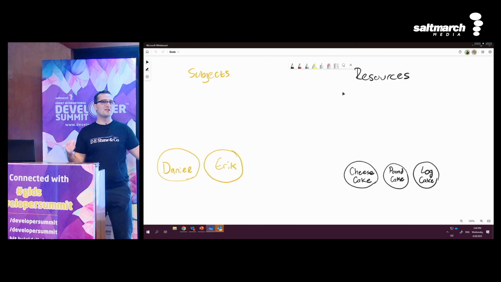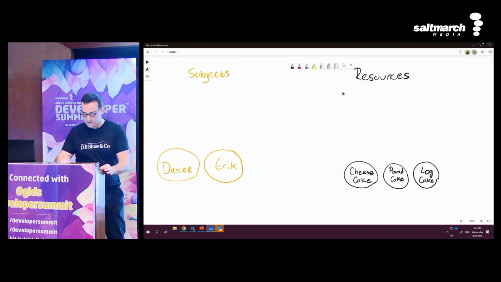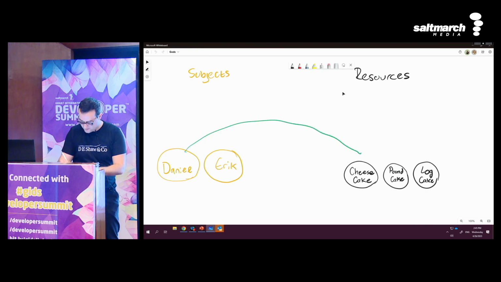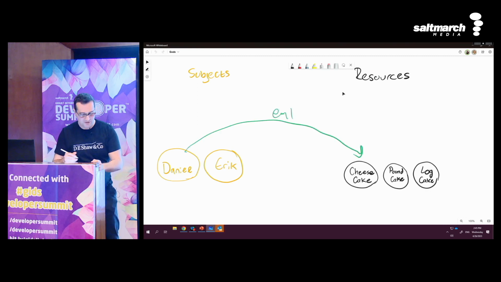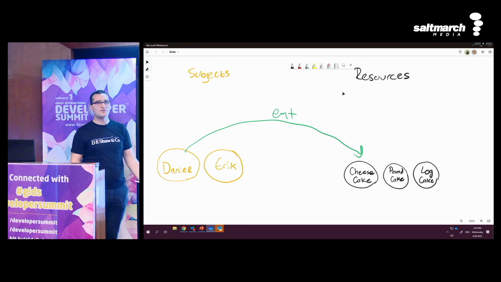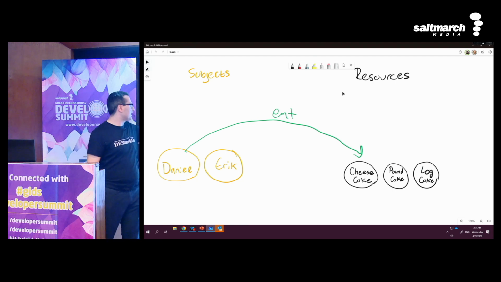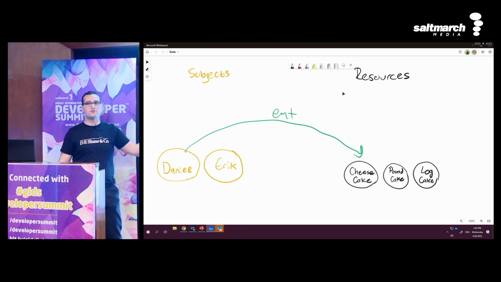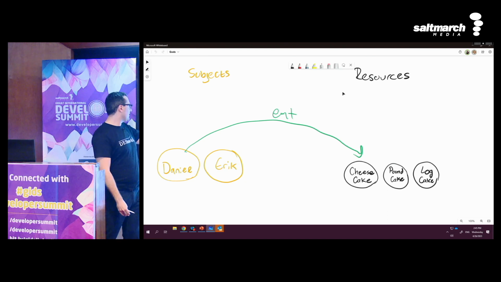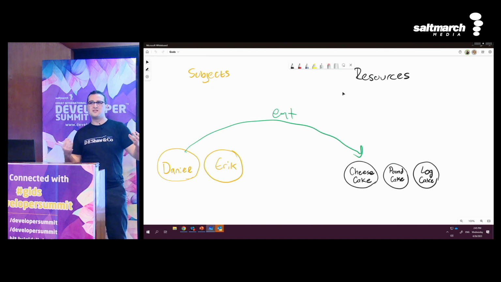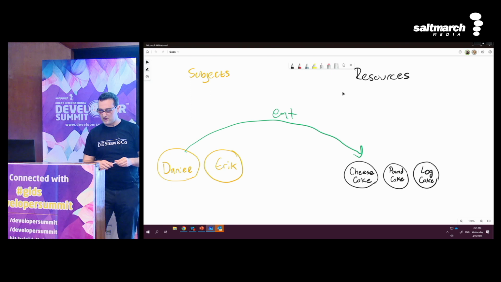Let's try and draw some policies on this graph. The first policy we can make is that Daniel can eat cheesecake. Now we ask the question, can Dan eat cheesecake? The answer is yes, because we can find this path from Dan over to cheesecake. Now we ask the question, can Eric eat cheesecake? No, there's no path here.